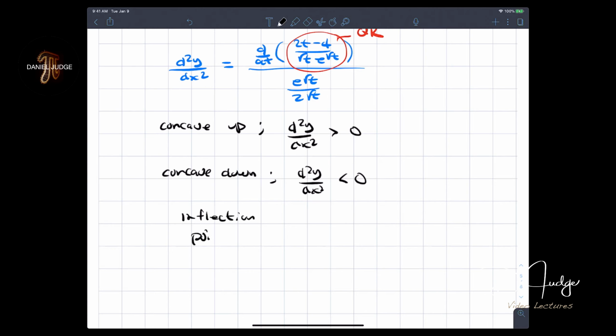Well, inflection points happen when you change concavity, right? So you have to change concavity, and it has to be a point on the curve. So t has to be in the domain of your parametric equations. That'll give you a point on the curve.